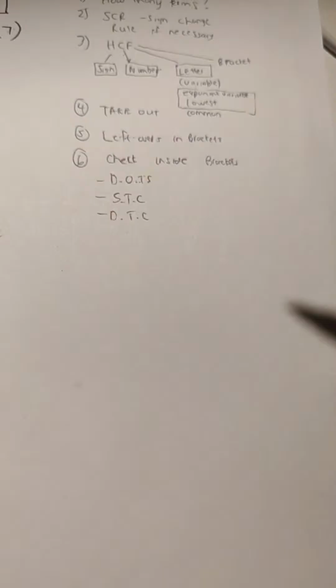Then 6, check that what you have inside the brackets, can you apply further factorization? Can you apply maybe difference of 2 squares factorization, or sum of 2 cubes factorization, or difference of 2 cubes factorization, or grouping factorization, or is it possible that this is a trinomial and a may not be 1?